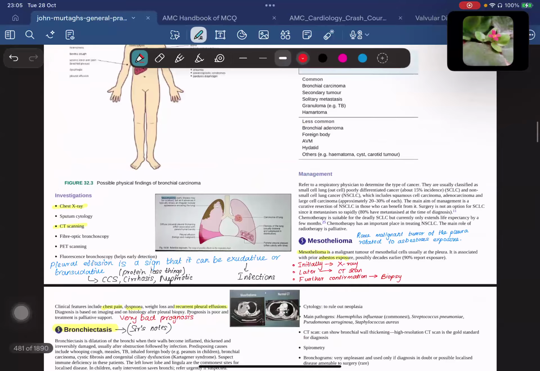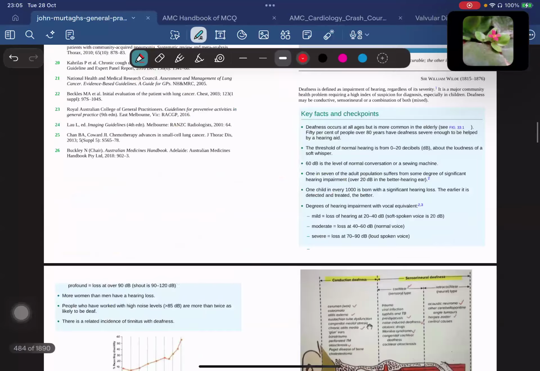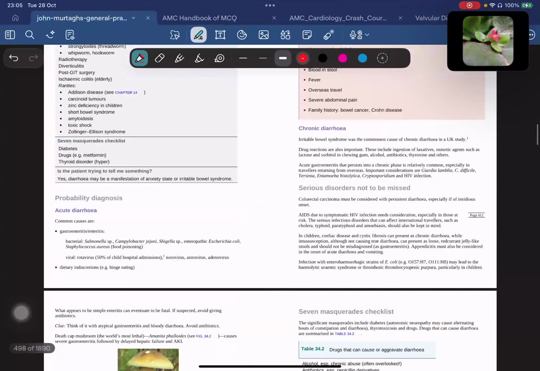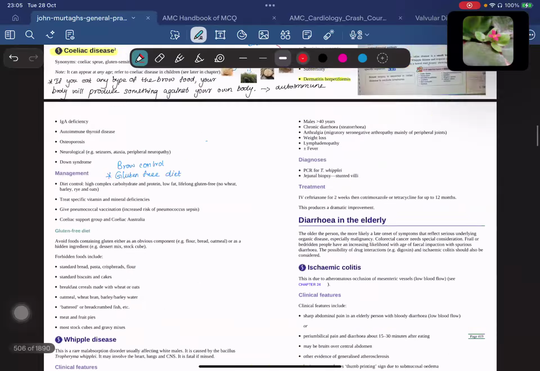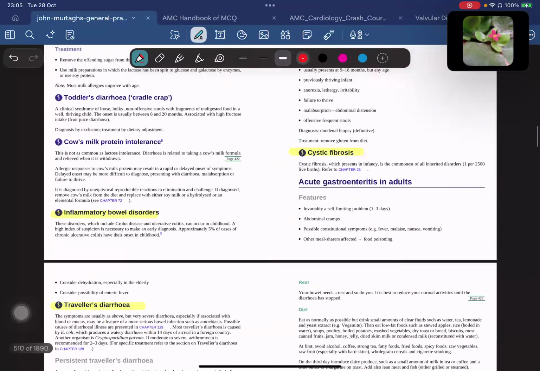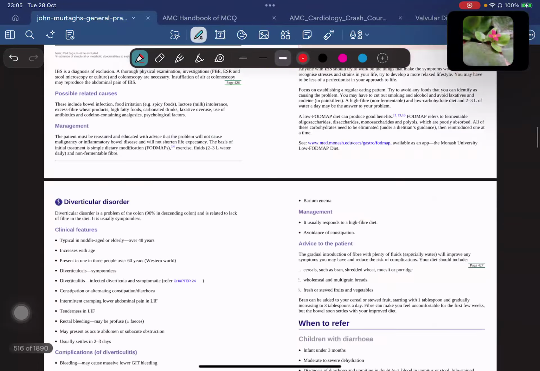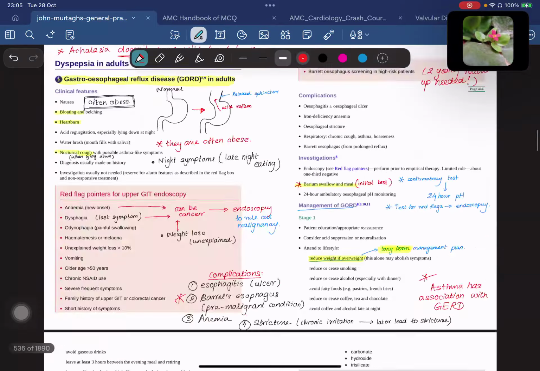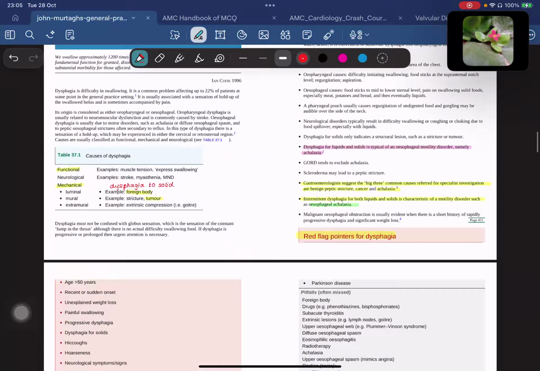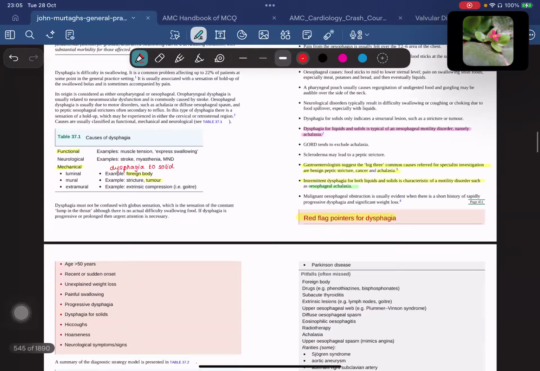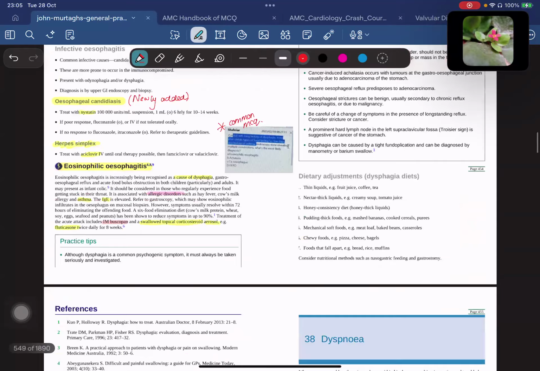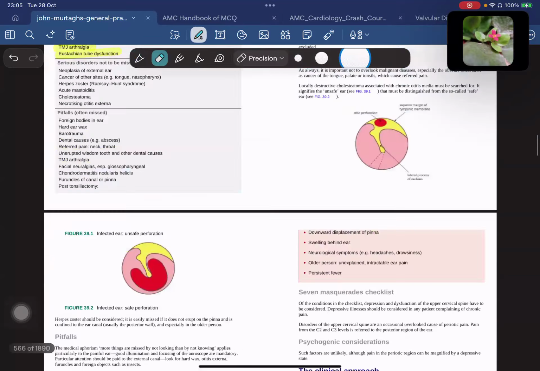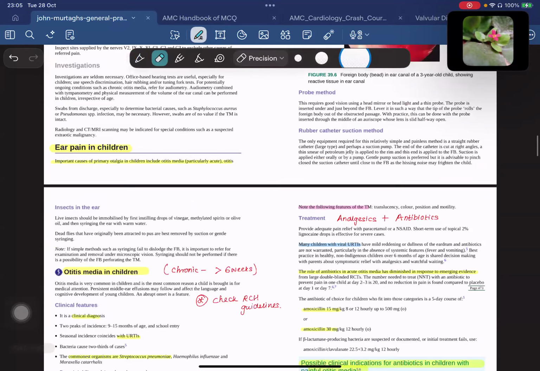Basically, I have highlighted all throughout my John Murtagh book for all the subtopics like respiratory, cardiology, GI, all those things. My main theory base was John Murtagh, I would say. And then apart from that, all those confusing little points, the places where I wanted a solid specific answer, I would just depend on guidelines.